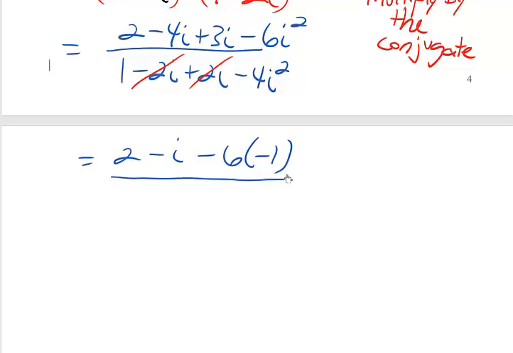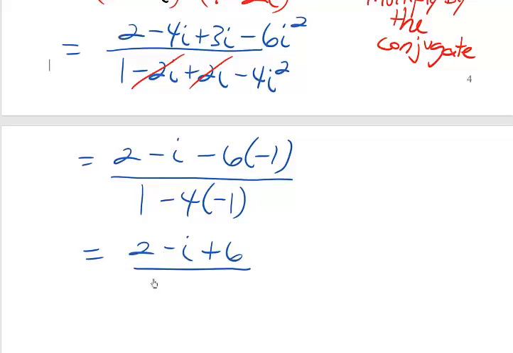On the bottom, I've got the 1. The middle terms drop out. Once again, the i squared is just a negative 1. Let's see. On the top now, 2 minus i, that's going to become plus 6. And 1 plus 4. So now I've got 8 minus i up top and 5 on the bottom.